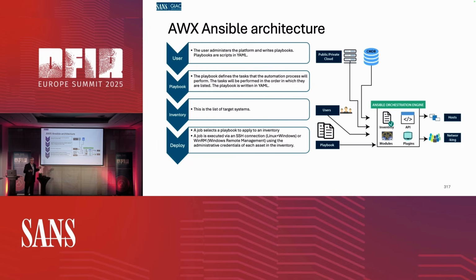Playbooks are written in YAML. Inventory is the list of the target systems. If you have the inventory and the playbook, you can deploy with a job, selecting the target systems and the playbook to deploy.